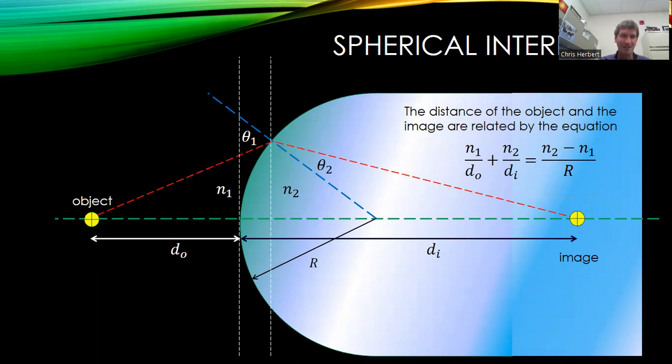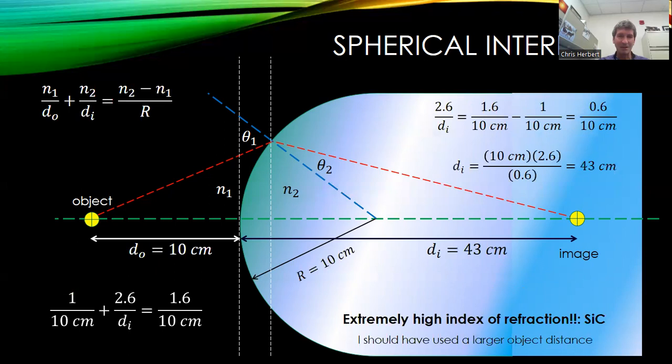So again, the way I set this up creates sort of a difficult situation, because for this image to form with the object so close, the index of refraction would have to be really, really high. And there are very few materials. Diamond or silicon carbide, which is moissanite, are the only things that are high enough to do this. But again, I was sort of restricted in how I could do this.